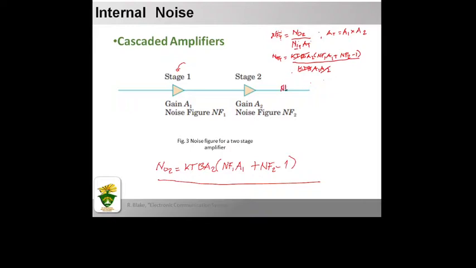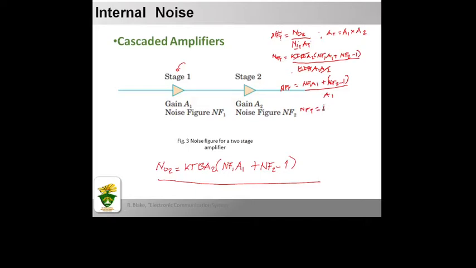So what we have left is noise figure total is equal to NF1 A1 plus NF2 minus 1 over A1, right? Then we can simplify it. So we have, this will cancel out for this first term.